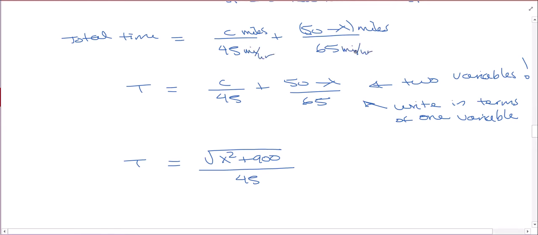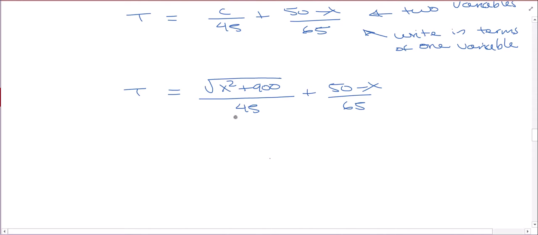Miles divided by miles per hour gives you hours, so the units here are hours, and it makes sense for time. So plus then 50 minus x over 65. Hours plus hours, and we have hours. And so now we have the time as a function of x.